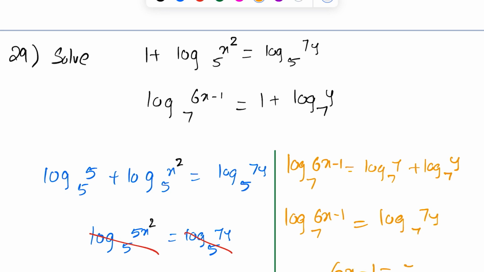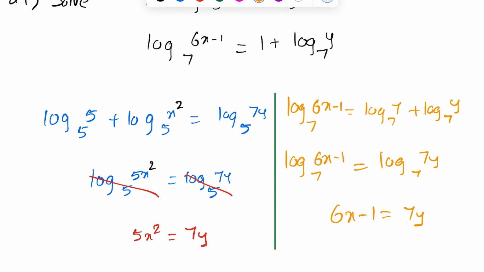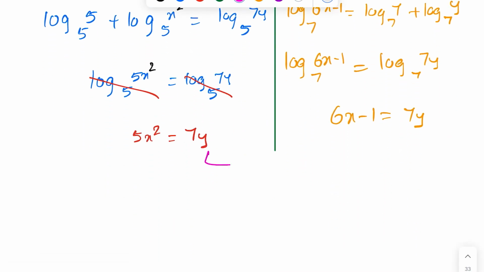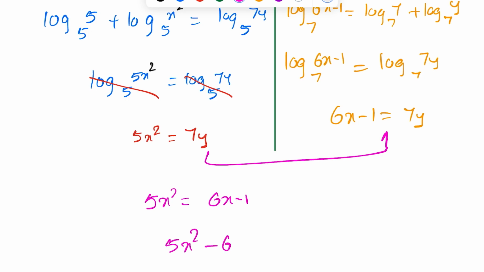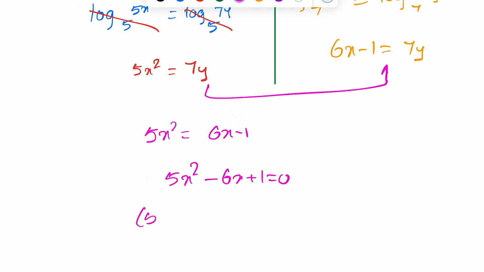Log gets cancelled: 6x minus 1 equals 7y. But we know that 7y is nothing but 5x square. So we get 5x square equals 6x minus 1. So I get a quadratic: 5x square minus 6x plus 1 equals 0. Factorize it: 5x minus 1 times x minus 1 equals 0. So either x equals 1 or x equals 1 upon 5.